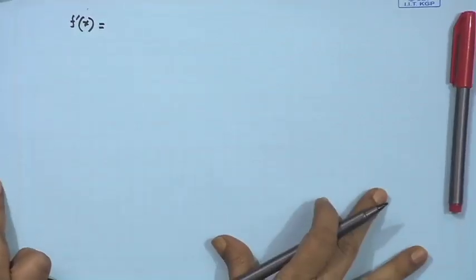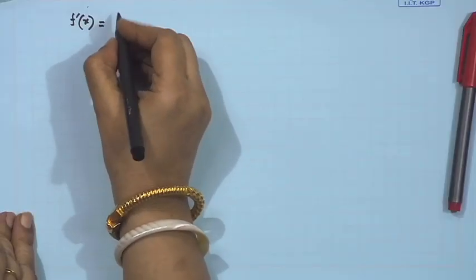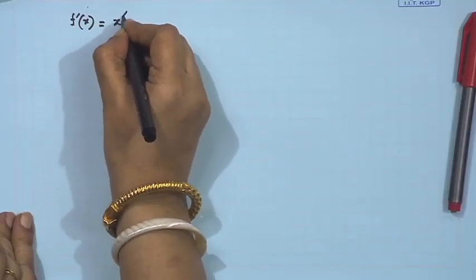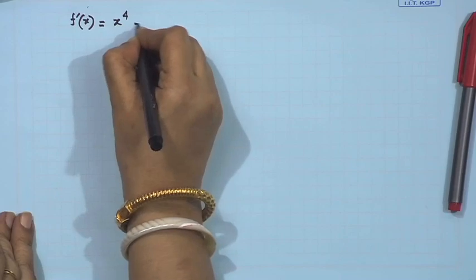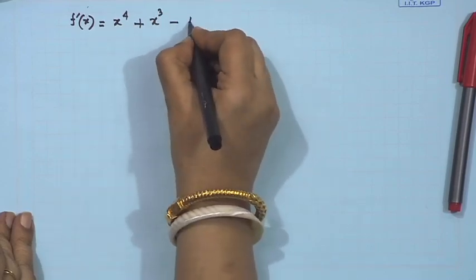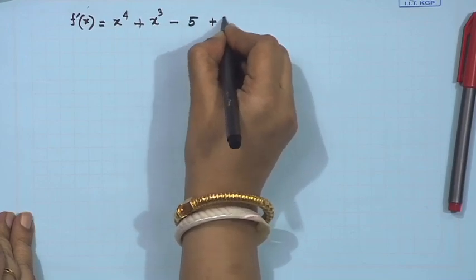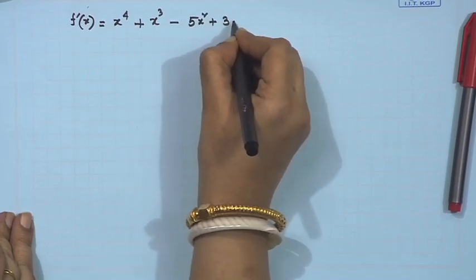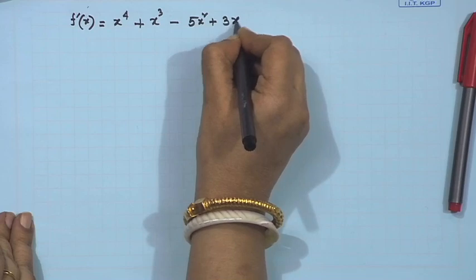For doing that, the necessary condition suggests we find the first order derivative of the function, f prime x. Then we equate it to 0, and we get the stationary points. If we consider the first order derivative, it is x to the power 4 plus x cube minus 5x square plus 3x.